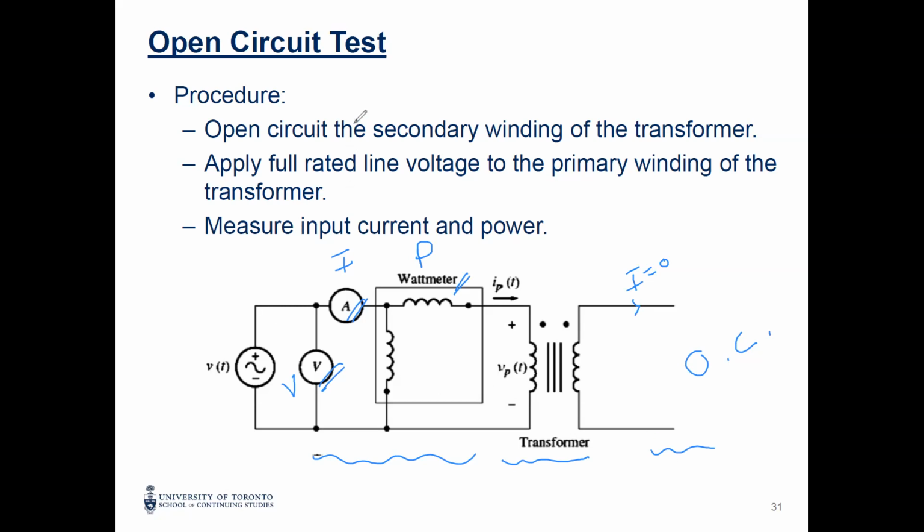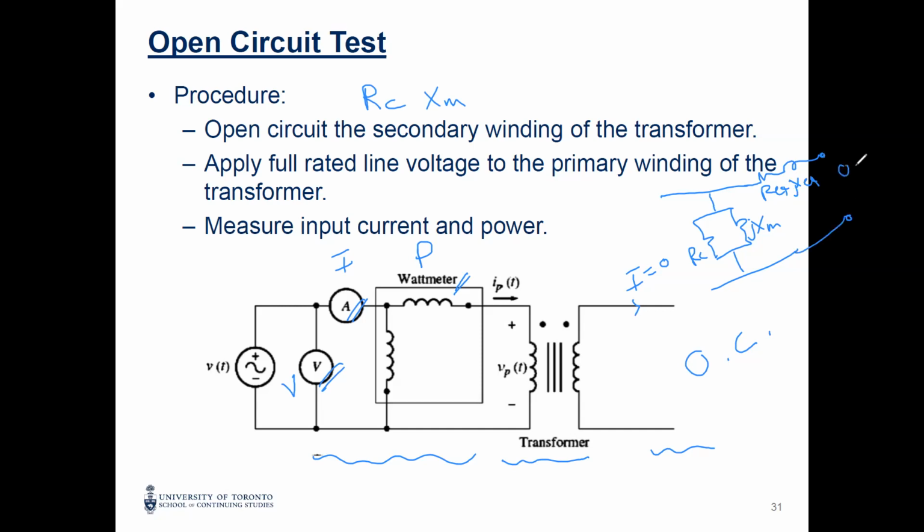As I said, this test is to calculate RC and XM. Why does the open circuit test give RC and XM? From the equivalent circuit, you have RC and JXM, and you have here R equivalent and JX equivalent.